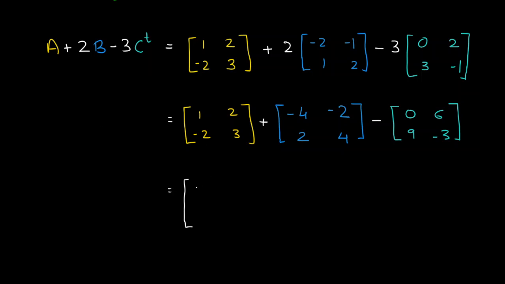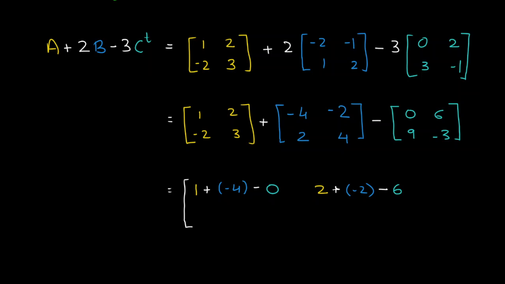So the first row, first column element: the first element is 1, plus the second element, -4, and then minus the third element, 0. Now the first row, second column: the first value is 2, plus -2, then we have to subtract 6 from that.